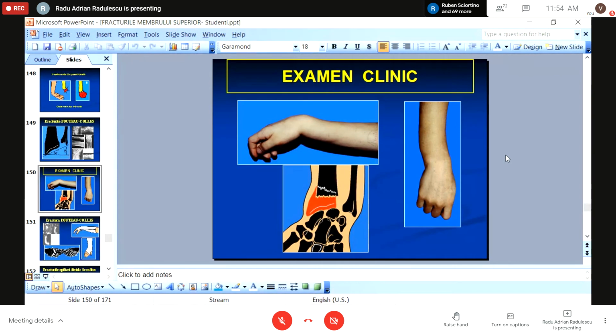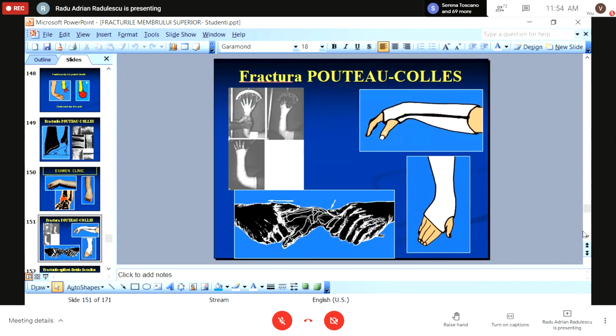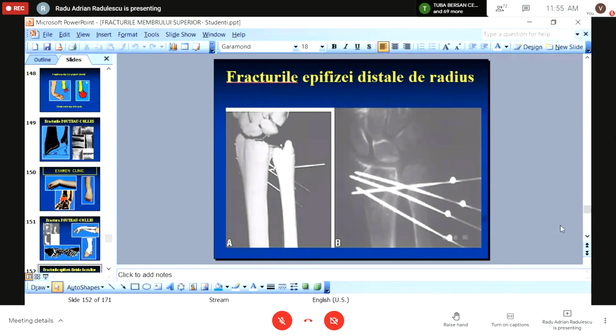I won't go into details about the treatment because this topic especially will be detailed by one of our assistants during the practical presentations. So you'll see then that the treatment consists in closed reduction and immobilization in a cast.